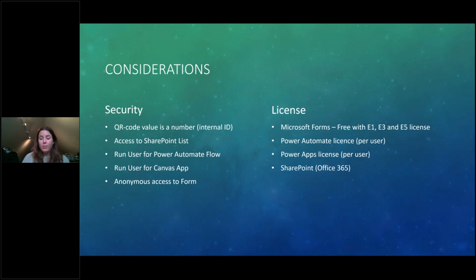And then SharePoint: an Office 365 license if you want to use SharePoint lists as your data storage. Now, if you do have Dynamics 365, you could use that instead. So you could use all the Dynamics 365 business applications, or you could use the Power Apps portals and the Dataverse as a storage.